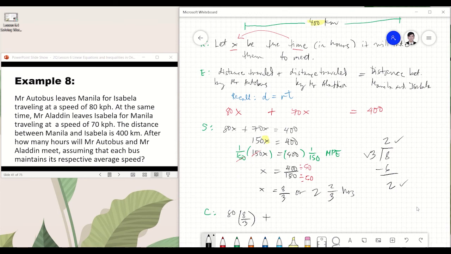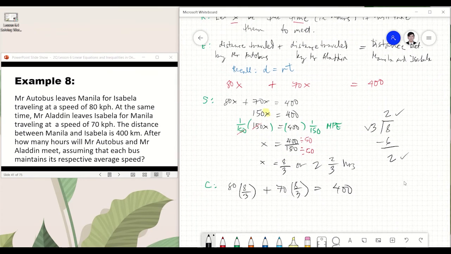Kung i-add natin siya sa rate times the time of Mr. Aladdin, meron tayong 70 times 8/3. And then, expected na yung makukuha natin, kung i-add na natin yung dalawa, 400. So, 80 times 8/3, magiging 80 times 8 lang yan. And then, take note, yung 70 times 8 natin, pareho na sila ng denominator, di ba? Merong 3. So, we can put them together in 1.